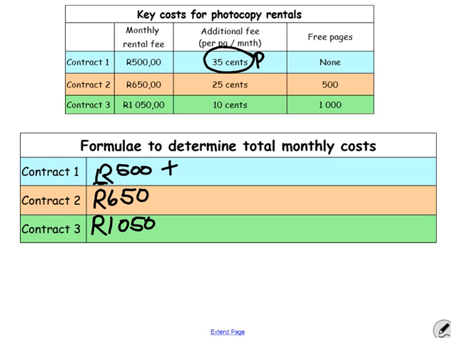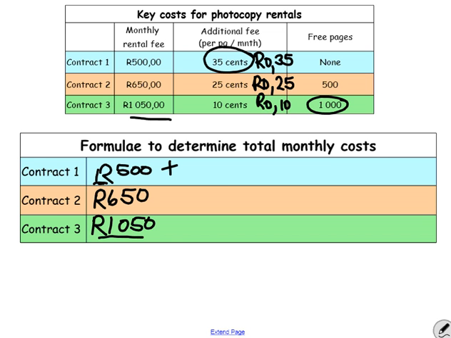So 35 cents is 0,35. This is going to be 0,25, and this is going to be 0,10. Interesting to note, the higher the contract, 1,050, you're only paying 10 cents a page. That's often what happens, okay? And then have a look. This contract is more expensive, but you get 1,000 free pages.